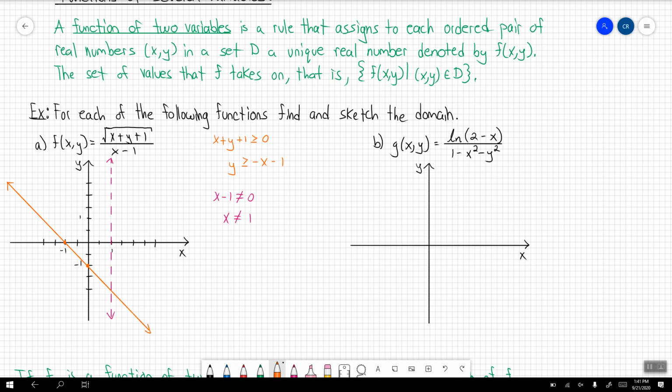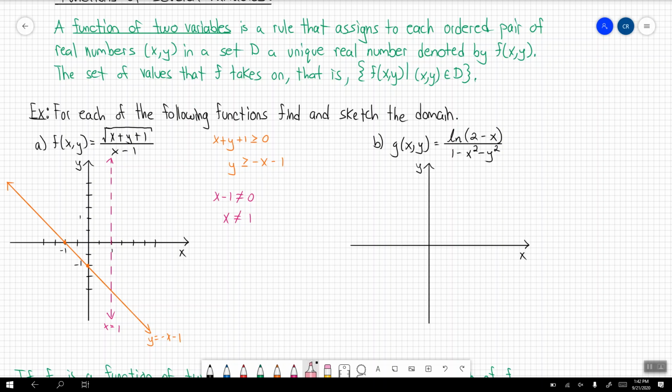And now all we want to do is figure out, where is the domain? Is it above the orange line or is it below? The inequality actually tells us where this should be. This tells me that y is going to be greater than that line, so all of the values are going to have to be greater, meaning above it. Or you can pick an ordered pair either above the line y is equal to -x minus 1, or below that line, and test them in your inequality.